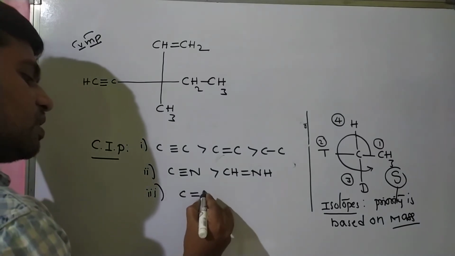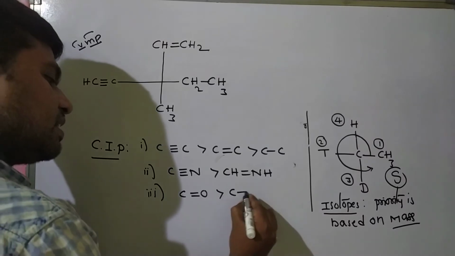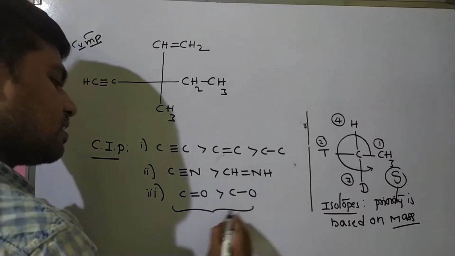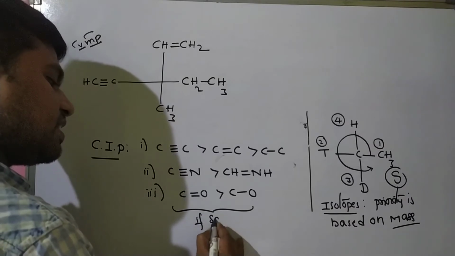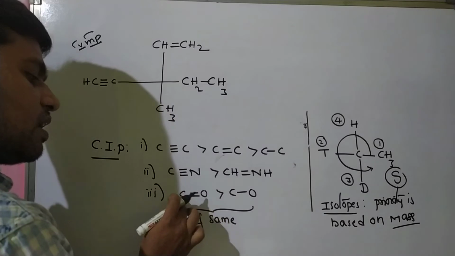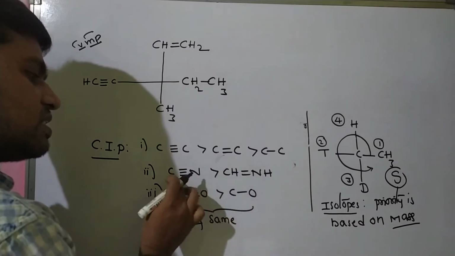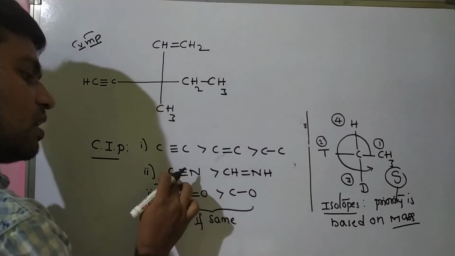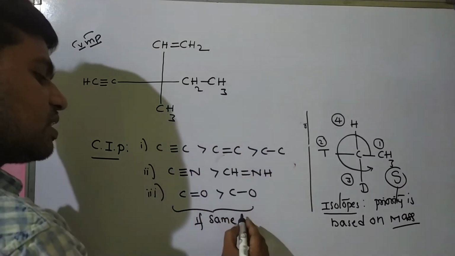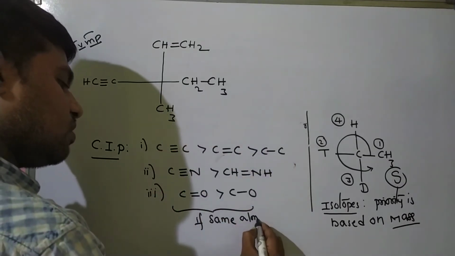And C double bond O is greater than C single bond O. If same atoms, see these two groups, carbon oxygen. See these two groups, carbon nitrogen, here also carbon nitrogen, here also carbons. Same atoms are involved.